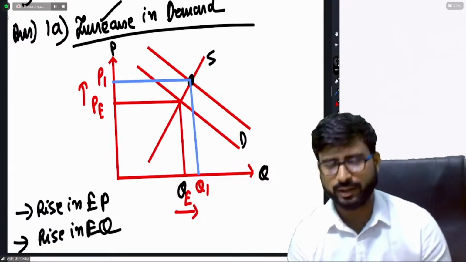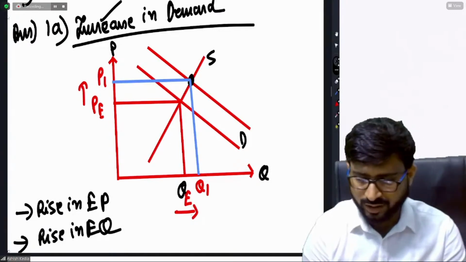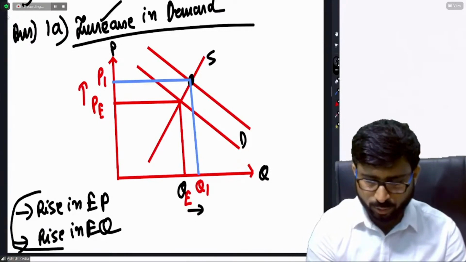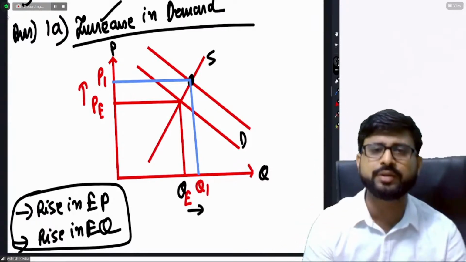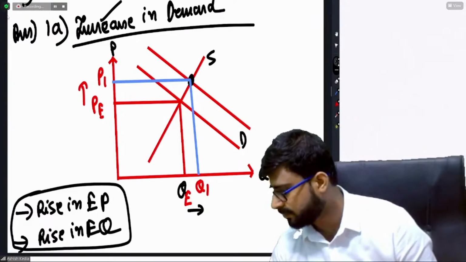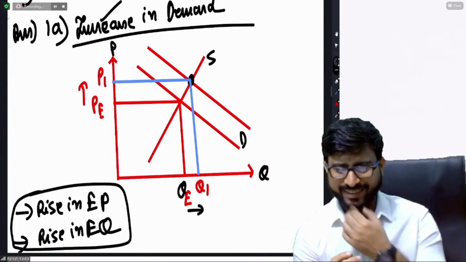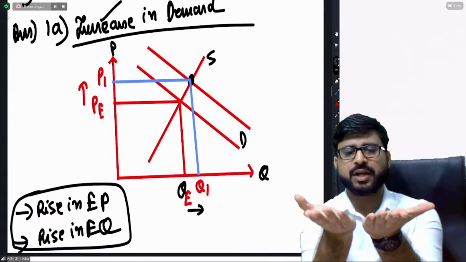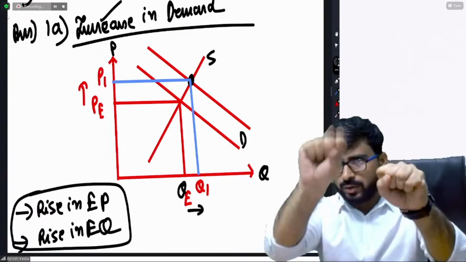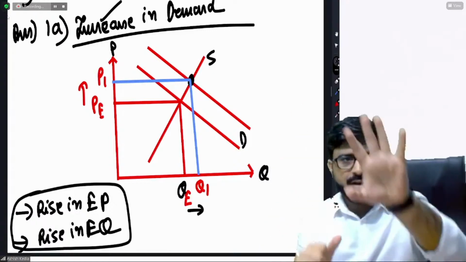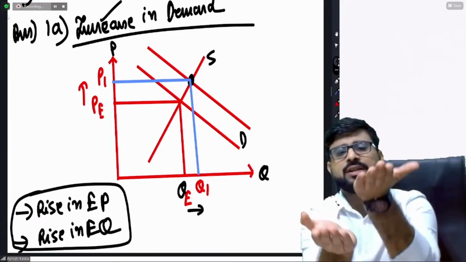Now, if you want to understand with another trick, I will explain that too. So see, we can easily see with the graph what will happen. So in an MCQ, if it comes, we will have the answer if we draw the graph. Understood what I am trying to explain? Another trick I will tell you. See, this is demand, this is supply. Originally, both are same. Then what happens? Demand increases.